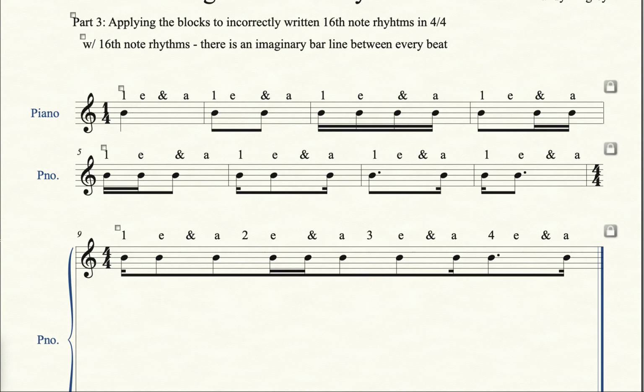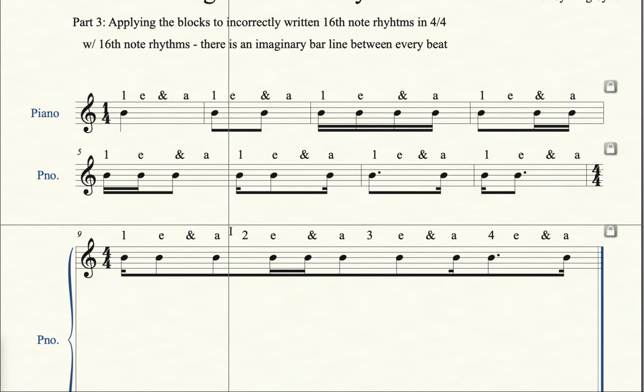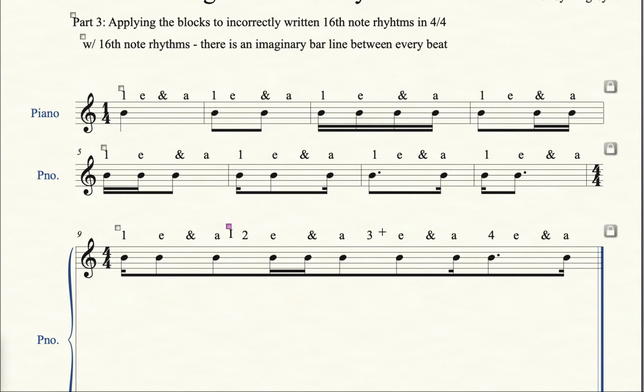So the imaginary bar line is between each beat. So there's an imaginary bar line here. There's an imaginary bar line here. And there's an imaginary bar line here.